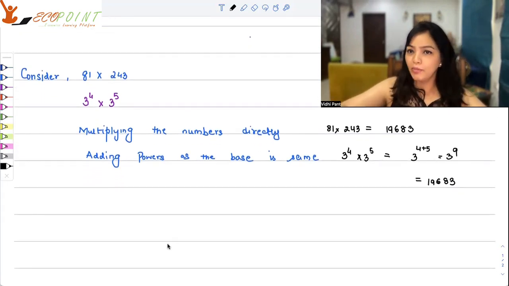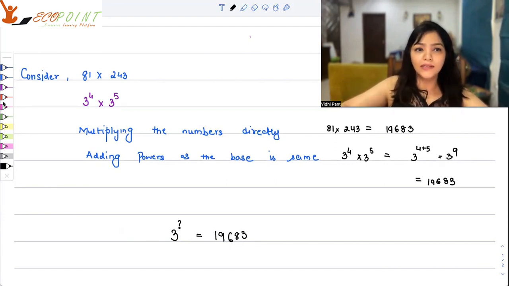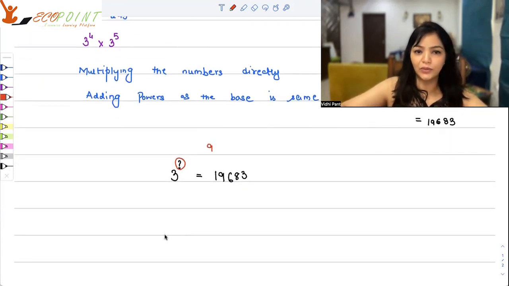Now, actually, what happens with logarithm is that if you want to answer a question, then what should be the power of 3 so that the result gives you 19,683, since I've already mentioned that, your answer would be that, well, this power has to be equal to 9, right?